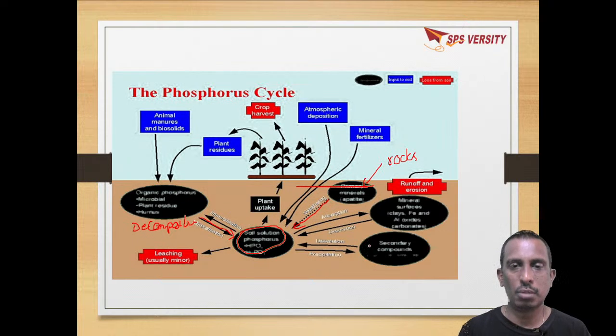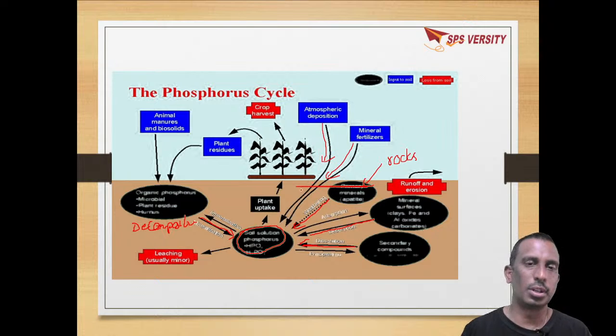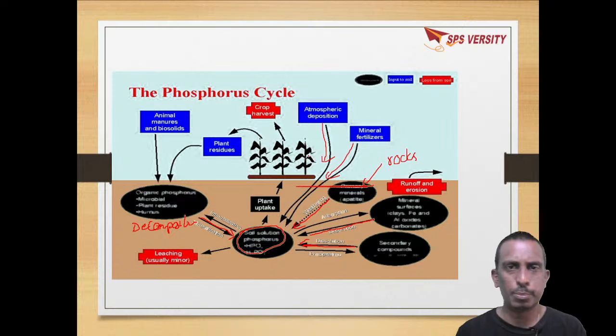By dissolution of secondary minerals, it also reaches the soil solution. Through fertilizers and atmospheric deposition, it also reaches the soil. So by various processes, there is input into the soil solution.